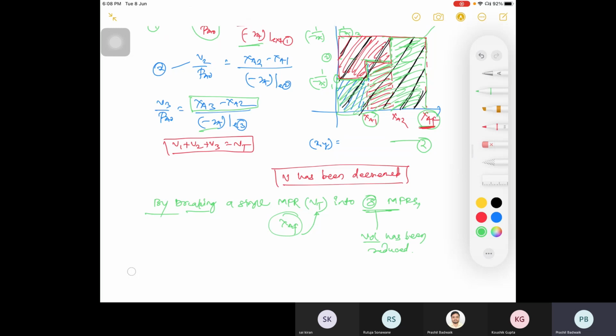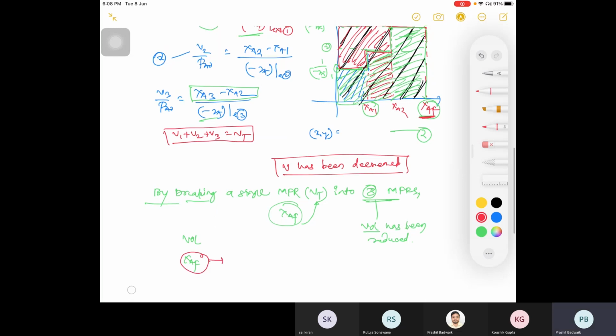There are two things here. See, first is volume and second is conversion. So here I'll write, in the case of XAF, in order to have XAF as the final conversion, the volume of the cascade system is lower compared to the volume of a single MFR, right?